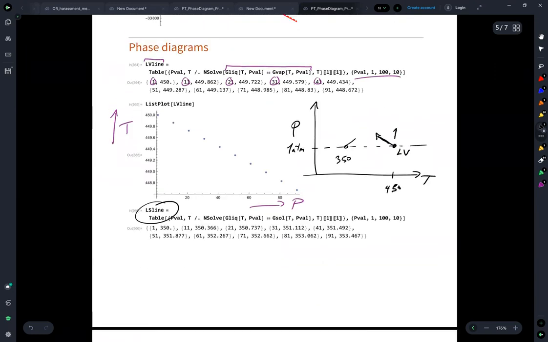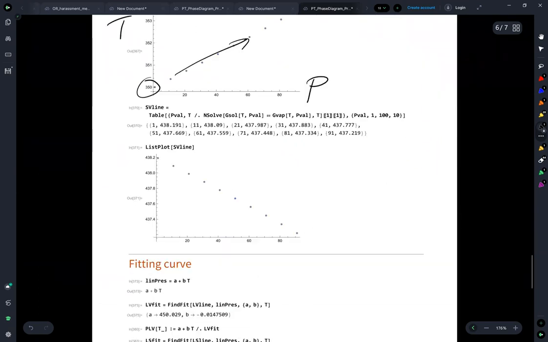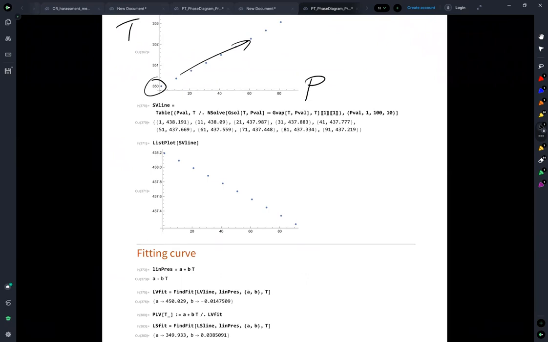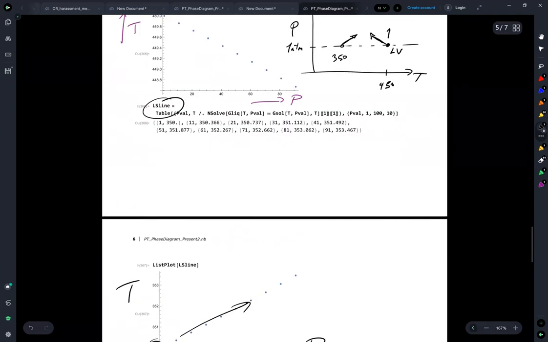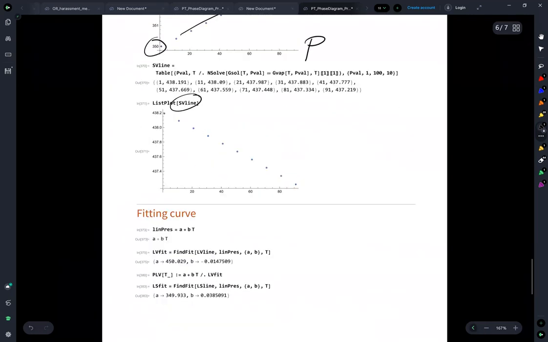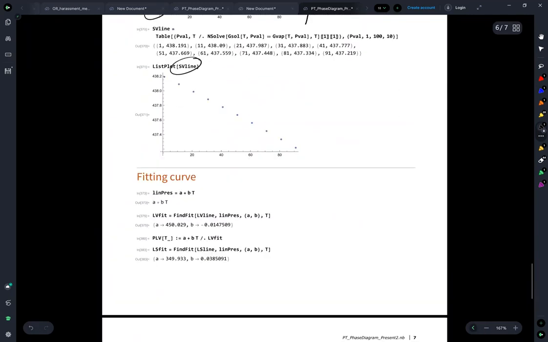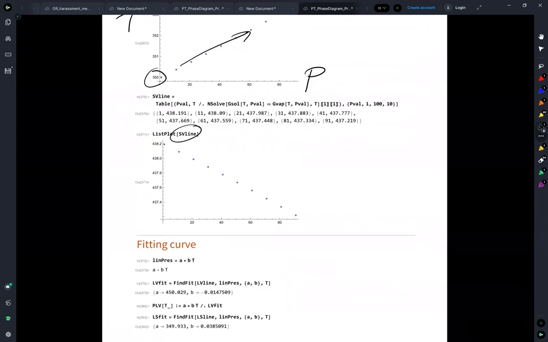So that gives me something that does this. And here's where things start getting a little funky because the solid vapor line is going to have to be at considerably higher pressures. And you'll see here in a second where this starts breaking down.